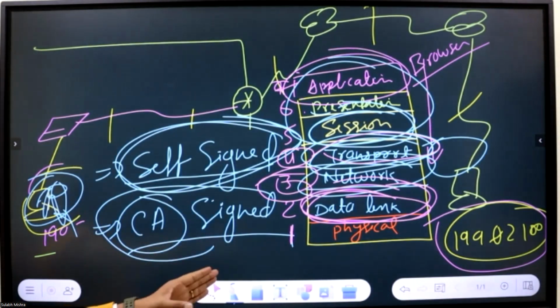And on the physical layer, I think repeaters. Cables, connectors, repeaters come under the physical layer number 1, right? While switches, hubs, bridges come under layer number 2. Any device which understands the MAC address comes under layer number 2.